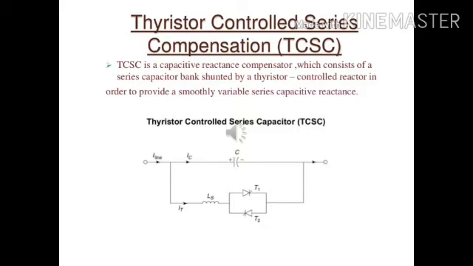So the whole mechanism depends upon the triggering angle. If alpha is equal to 180°, the whole system is operated by the capacitor, by the reactive power, and eliminates the under voltage condition.